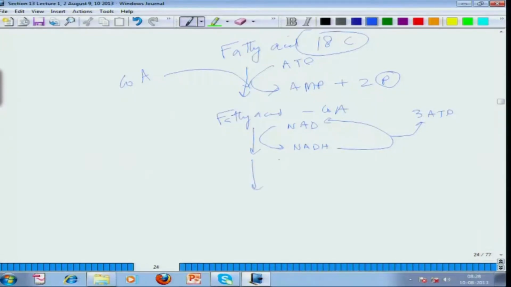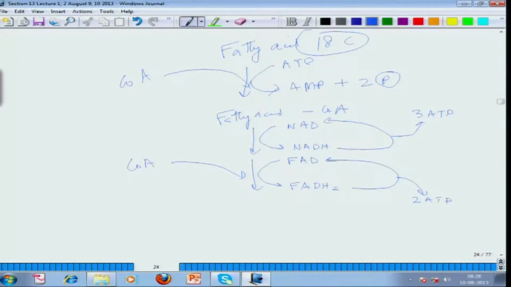Then in the second step FAD forms FADH2, and in that process another 2 ATP are formed, and again another coenzyme A comes into play.